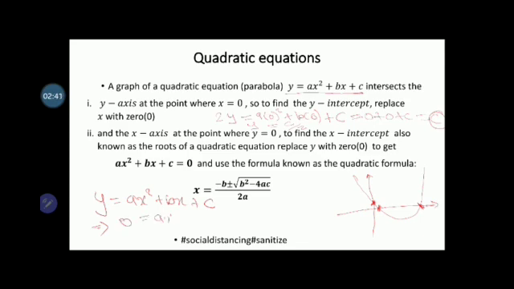This quadratic equation is used to find the roots, or the x-intercepts, the points where the graph is cutting the x-axis.